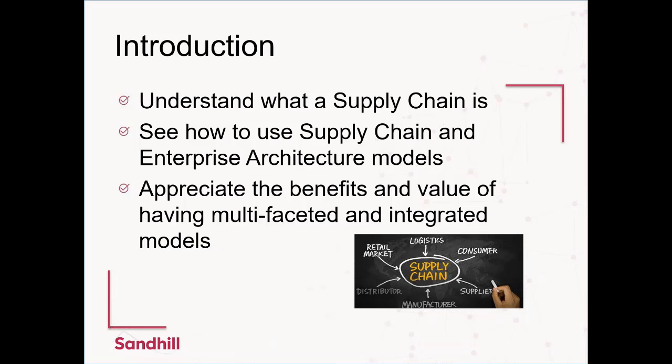And then what we really want to get to, and that's the value that I want to show as part of the presentation here today, is to understand the benefits and the value of having the multifaceted and integrated models of your supply chain models plus your enterprise architecture models all put together, to explain what the value is of doing that and to understand how we can gain value from examining the supply chain in more detail.